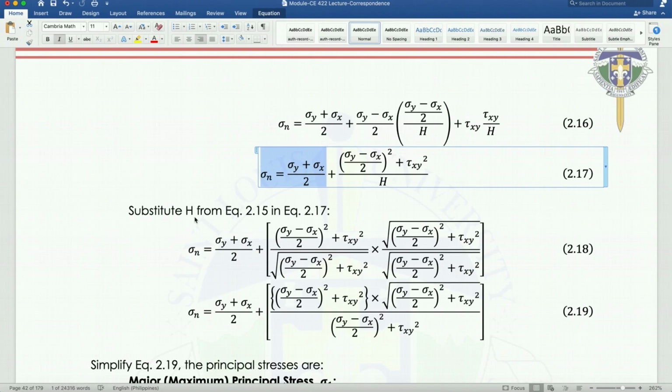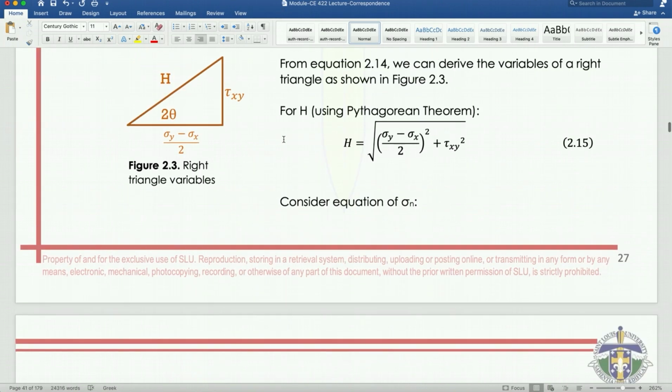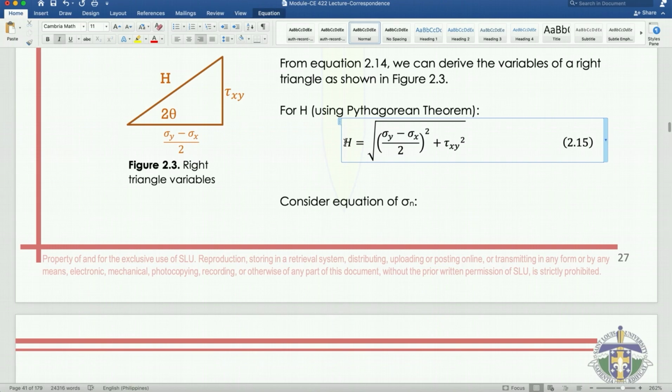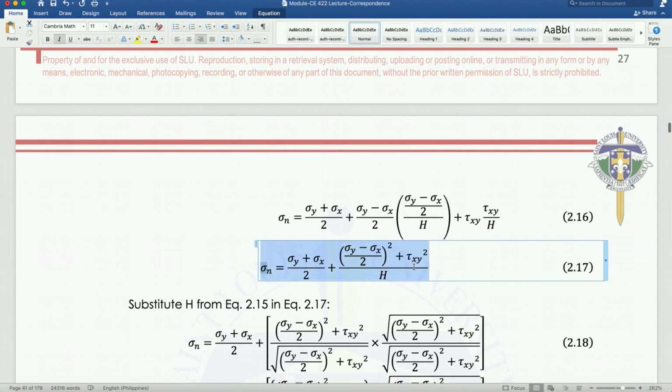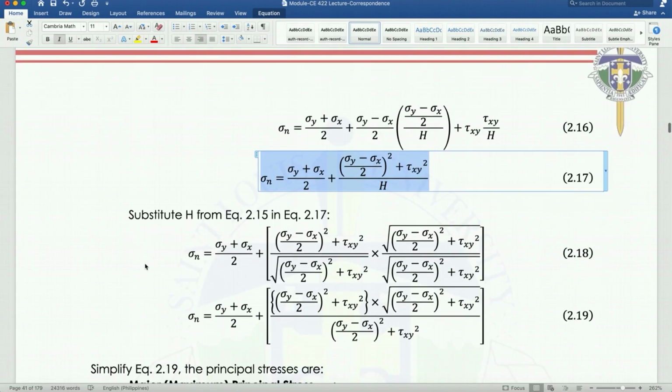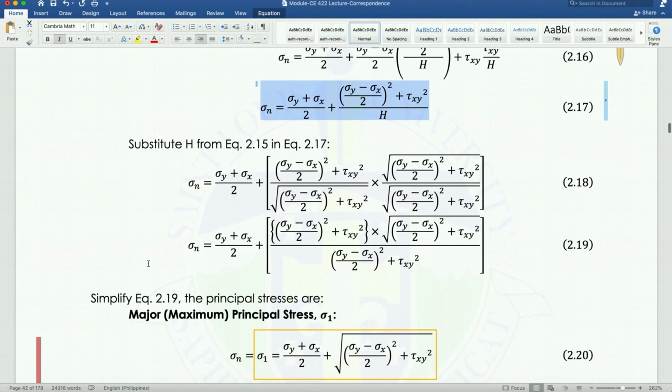Now, substitute h from equation 2.15 in equation 2.17. So, ano ba yung value ng h natin? So, this is the value of h. So, if isa-substitute natin itong h na to dito sa equation natin on 2.17, then we can now derive our maximum major or maximum principal stress or sigma 1.